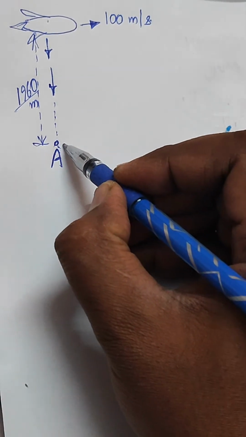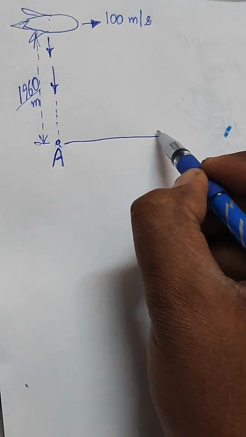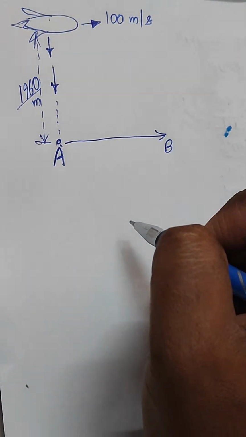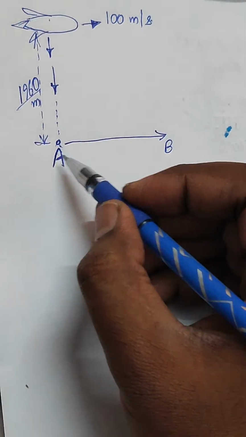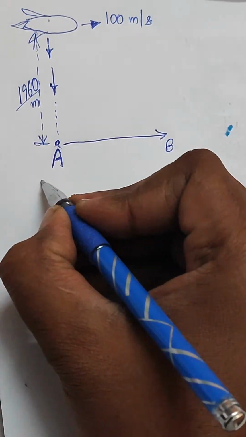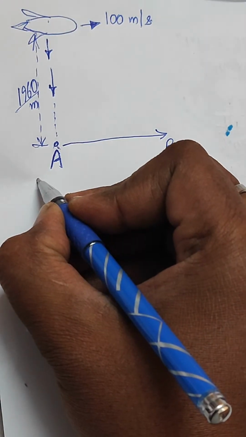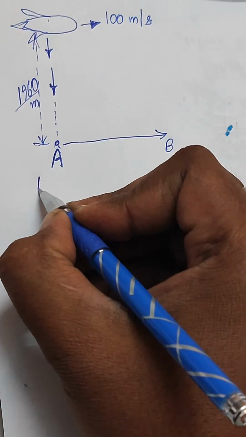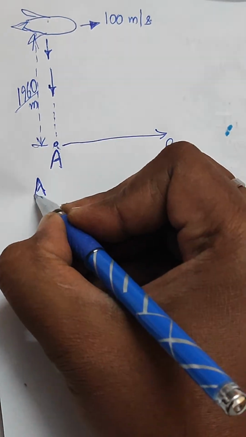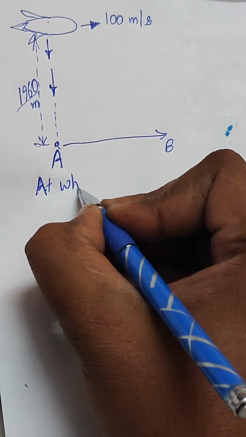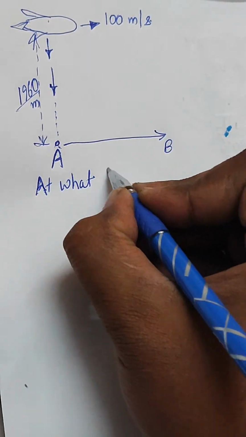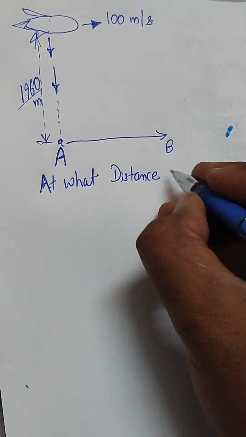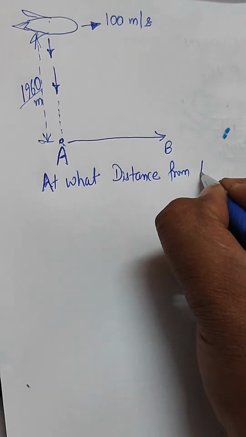It will strike at a point, let us say B. So we need to find the distance of A to B. Let me write the question: at what distance from A will the bomb strike?